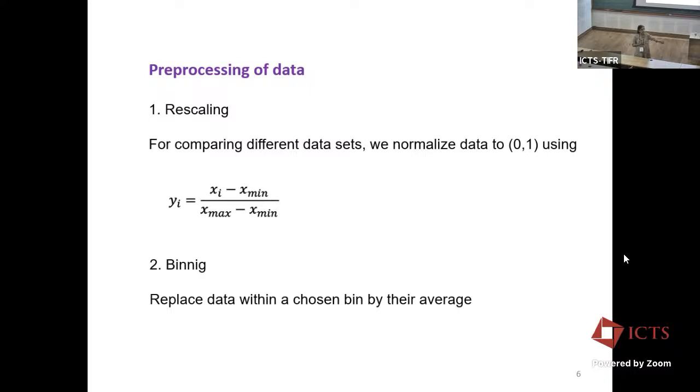Even though we say that all the data are sequenced in time, the sequences need not be equal. So you have data at time 1, 2, 3, 4 is missing, then you have only 5, 6, 7. Small gaps like that will not affect. In many cases, people just ignore them and put the data together so that the time information is lost. In many analyses, even that is enough.